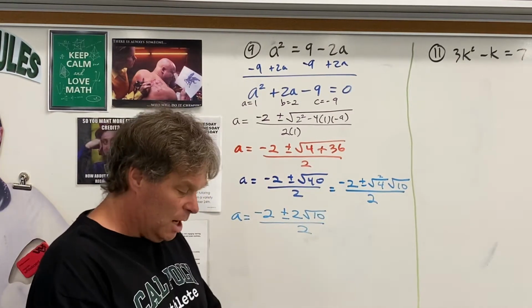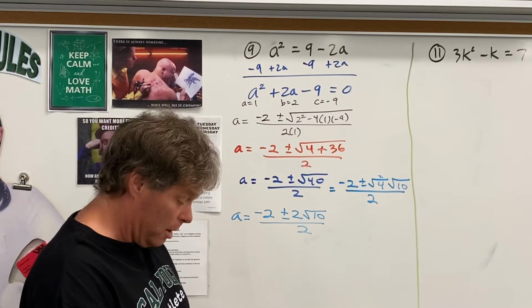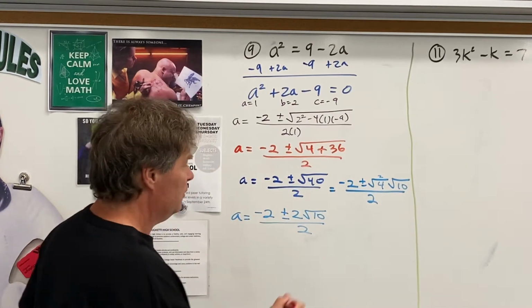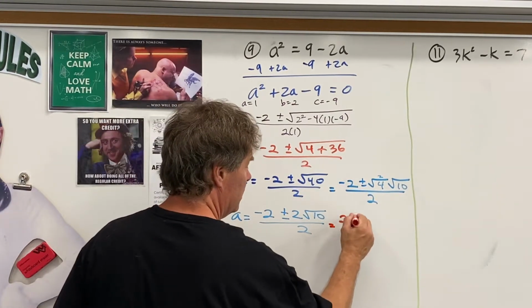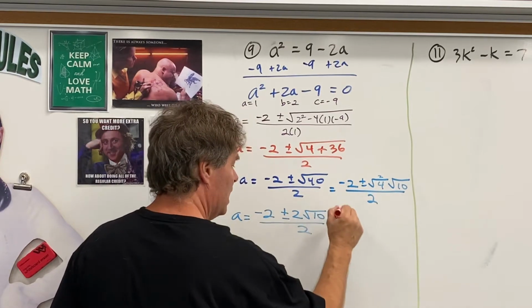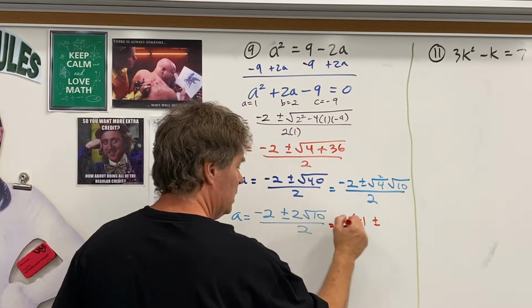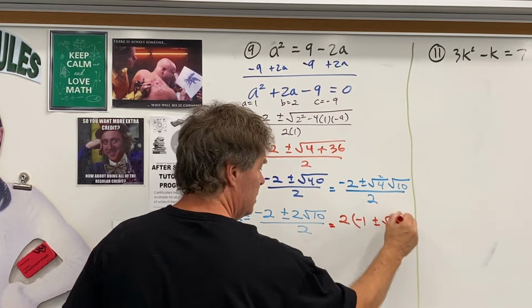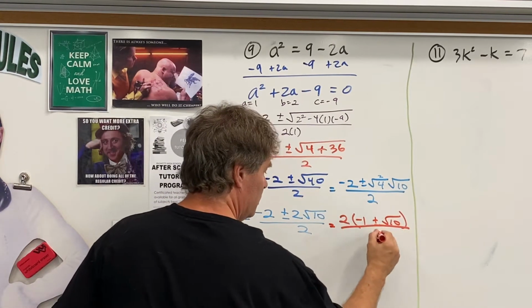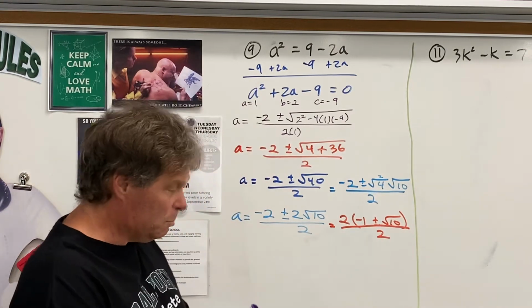Oh my gosh, there's 2's everywhere. Look at this, 2's everywhere. So let's factor them out. 2 out of the top. -2 divided by regular 2 is -1. Plus or minus 2 root 10, divide out 2, you get root 10 over 2. Now it's multiplication.